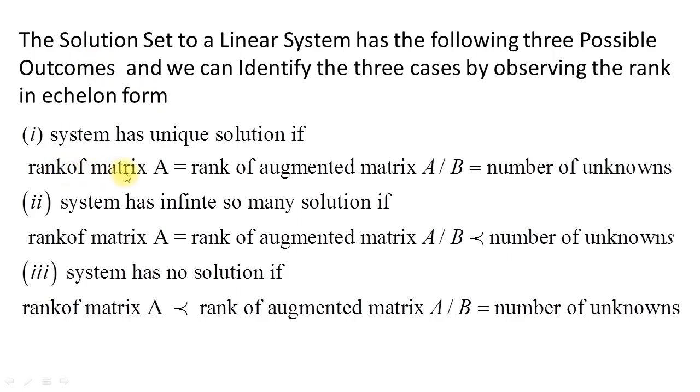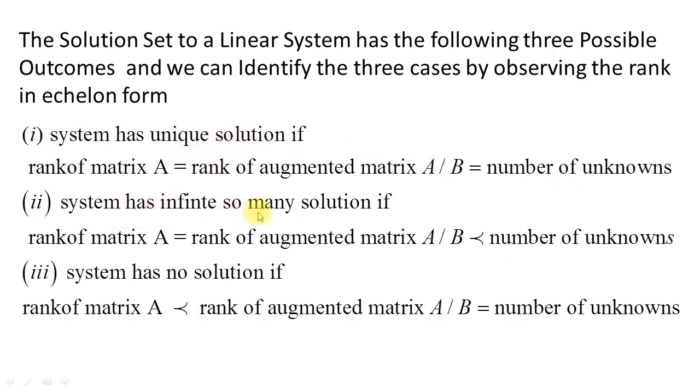If the rank of matrix A is equal to the rank of the augmented matrix and is equal to the number of unknown variables of the system of equations, then the system has a unique solution.